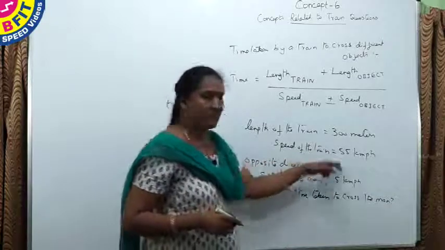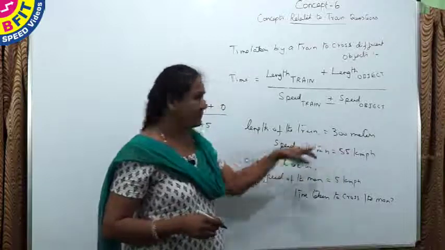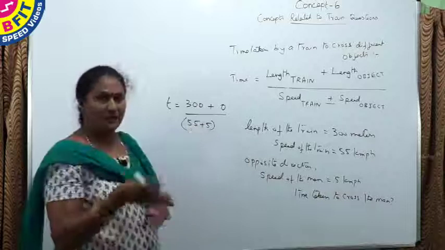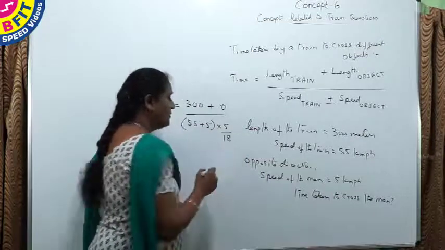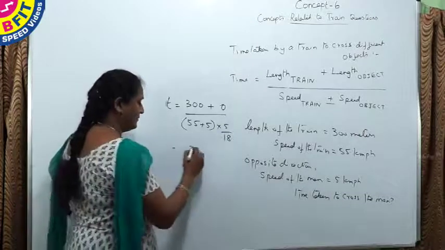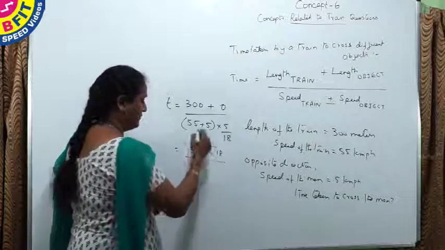Here both speeds are given in kilometer per hour and train length is given in meters. So we will convert the speed also from kilometer per hour to meter per second, by multiplying with the factor 5 by 18. And now 18 to the numerator.